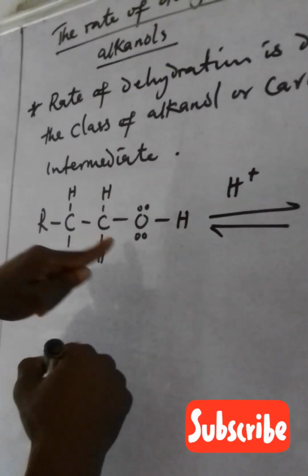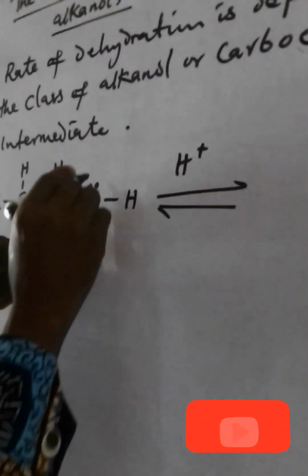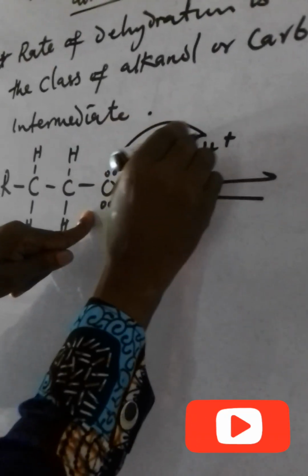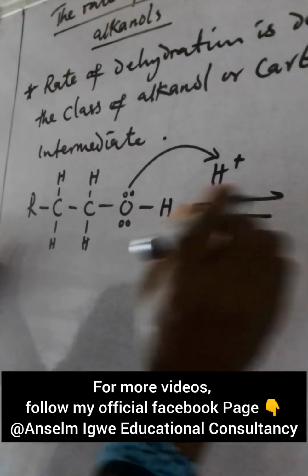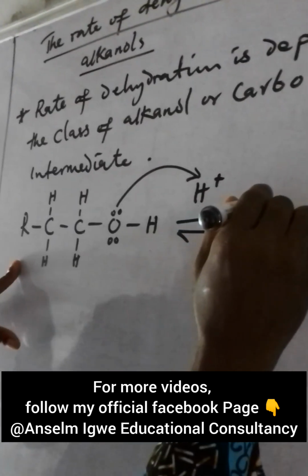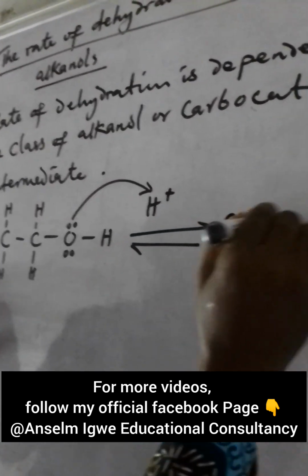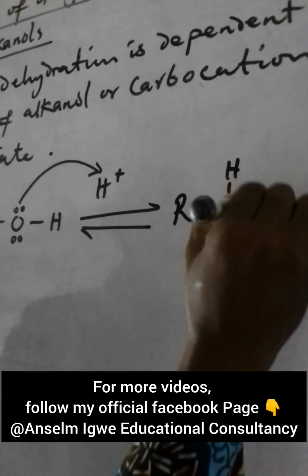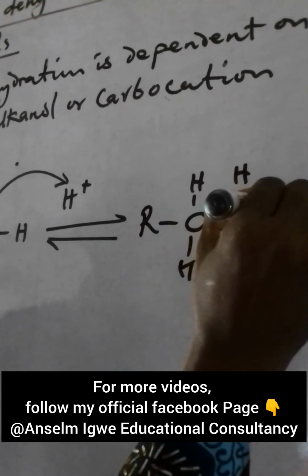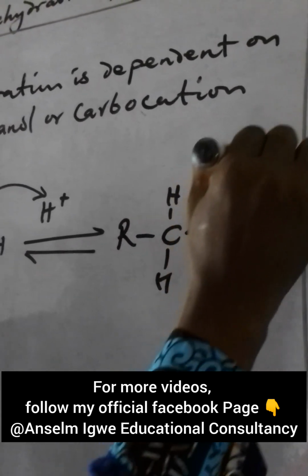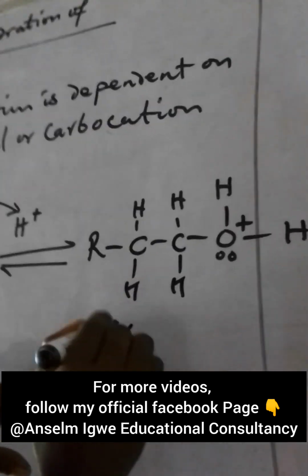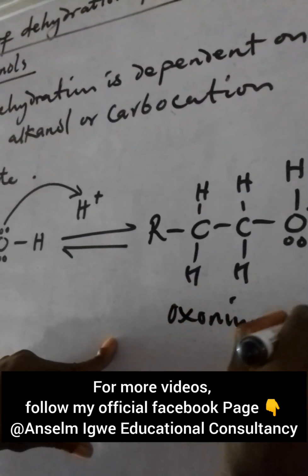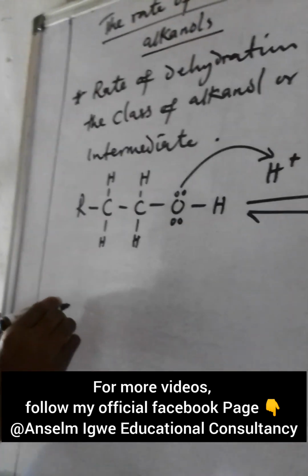The acid protonates, and what happens is that one of the lone pairs of electrons on oxygen moves into the proton, and the proton covalently bonds with oxygen to form an oxonium compound, which is RCH2CH2OH2+. This is an oxonium ion.